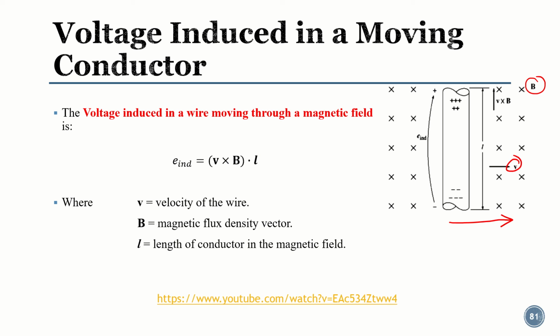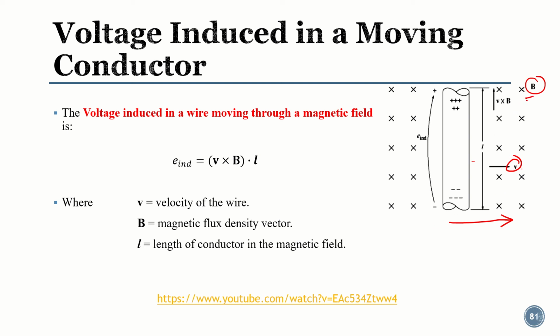Due to some induced force, the wire starts moving in this direction with velocity v. So when the wire starts moving in the magnetic field, what is actually happening?